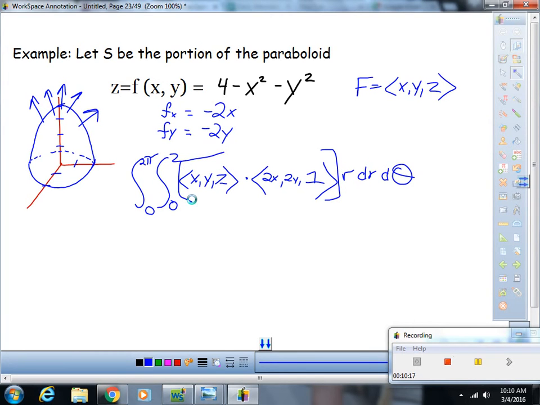And our r is going to multiply by this entire thing. What is the answer to a dot product? Is it a scalar or a vector? It's a scalar. So 0 to 2 pi, 0 to 2. What is our dot product here? Okay?